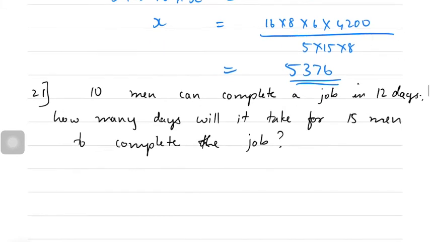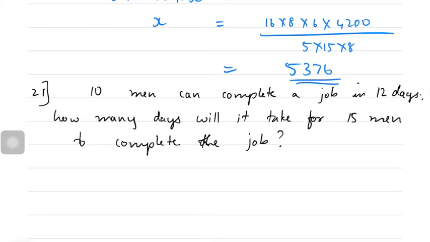So 15 men will take fewer days. If I am doing one work, suppose I take 2 hours to complete it. But if me and my friend, 2 people, do the same work together, it will take only one hour. So if the number of men is more, the time taken would be less. So this is a question of inverse proportion.